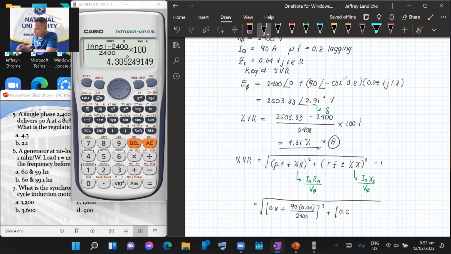Lagging, so we use plus: 90 times 1.8 divided by 2,400. The quantity is squared. After that, the square root, then minus 1, and then multiply by 100% at the end.